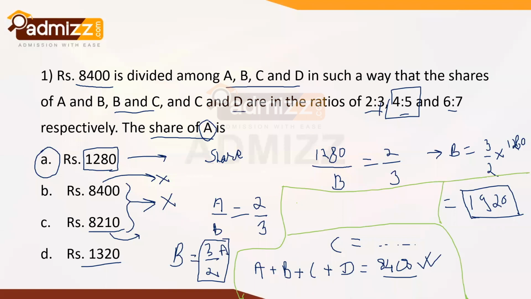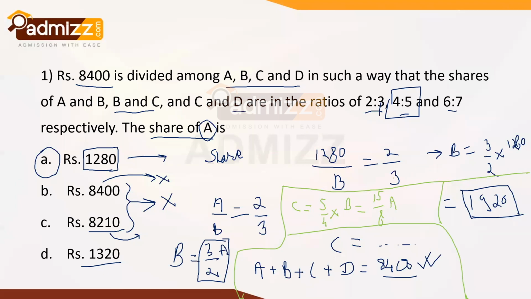What you can do is you can do C is equal to, since the ratio of B and C is 4 by 5, what you can do is 5 by 4, C equals 5 by 4 times B, right? And we know that B is equal to 3 by 2A. So this is 15 by 8A, sorry, because we have transformed B in terms of A.